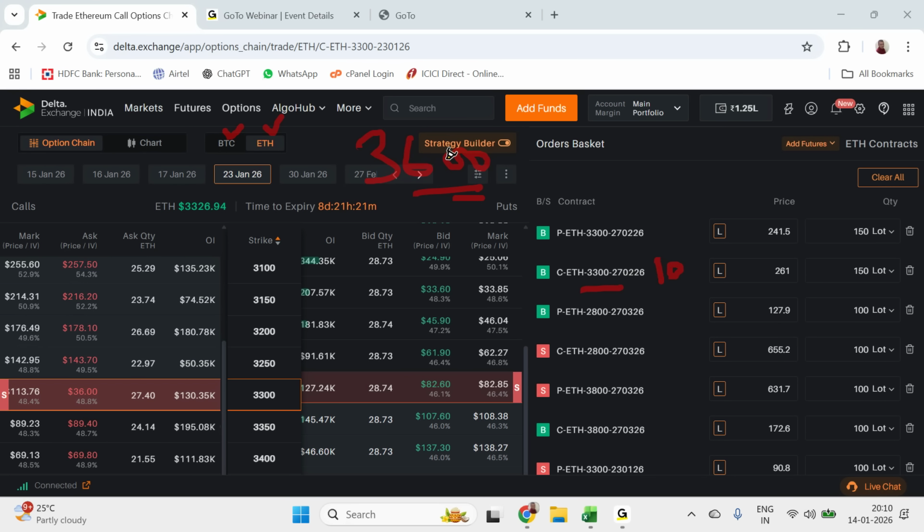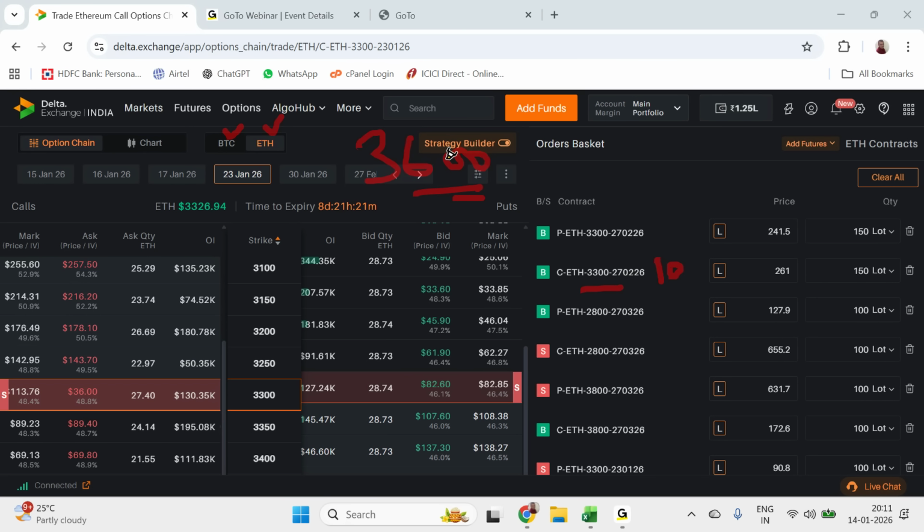But return-wise, over a longer period BTC will have better returns, but there is a liquidity issue. So if position size is small, go with ETH: 5 ETH, 10 ETH, 20 ETH. If you want a bigger trade, say one coin of BTC, then BTC is advisable.